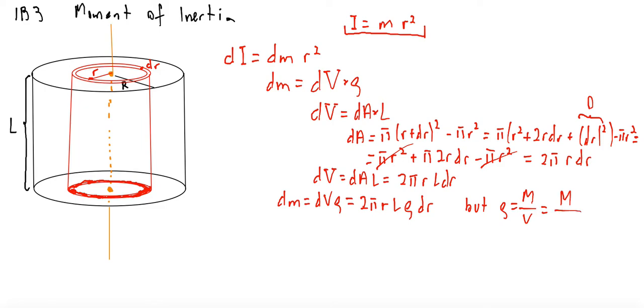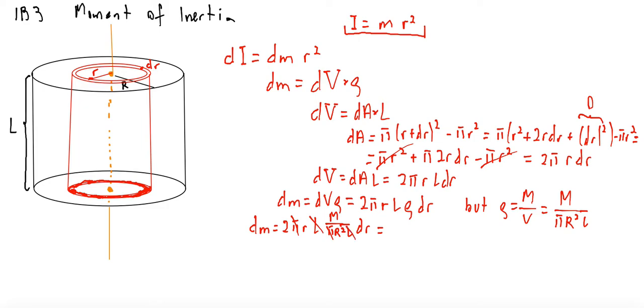The volume of this huge cylinder is pi times the radius of the cylinder squared times L. So finally the equation for dm looks like 2 pi small r L times, sorry, not rho, instead of rho I have mass over pi capital R squared L, times dr, in which pi can be crossed, L can be crossed.